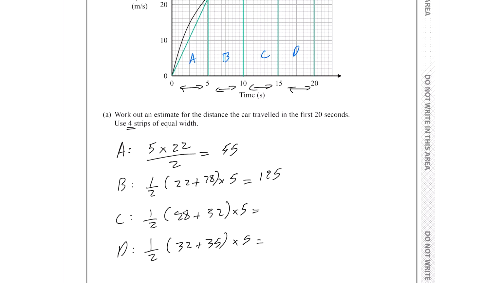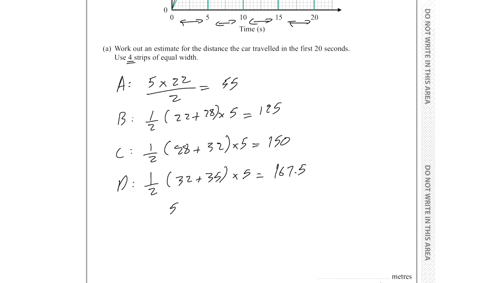The next one, just change that to a 32. That's 150. And for the last one, change that to a 35, and that is 167.5. Then you add all these together: 55 plus 125 plus 150 plus 167.5, and that gives us 497.5 meters.